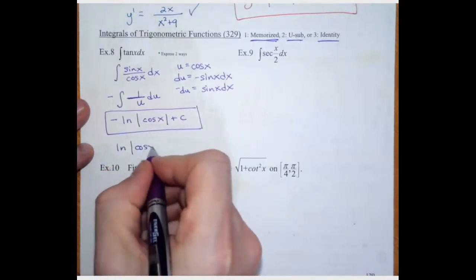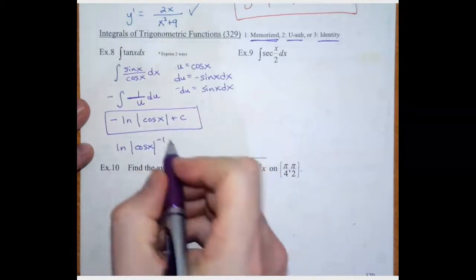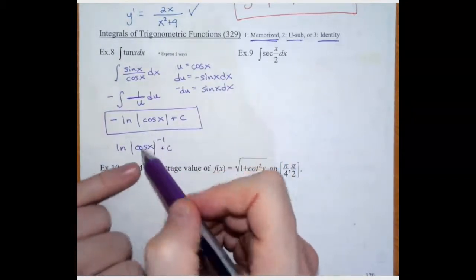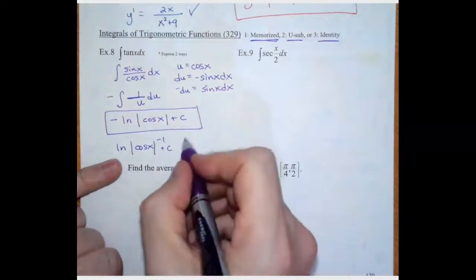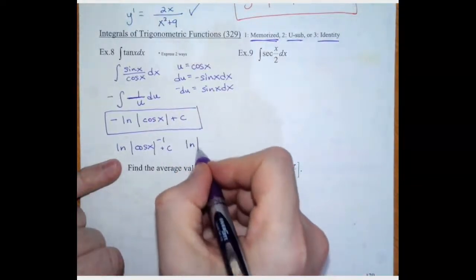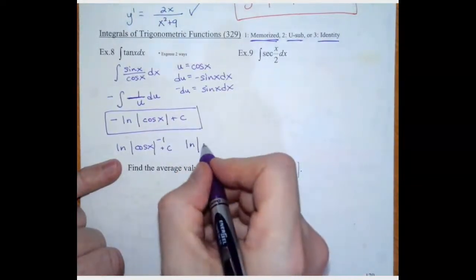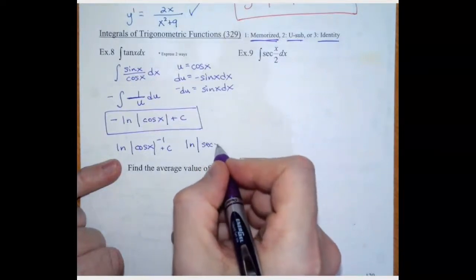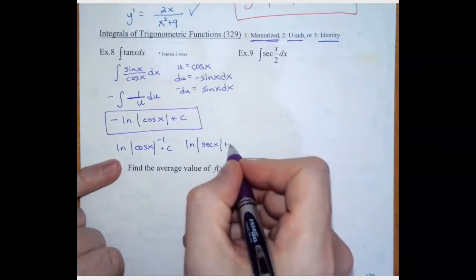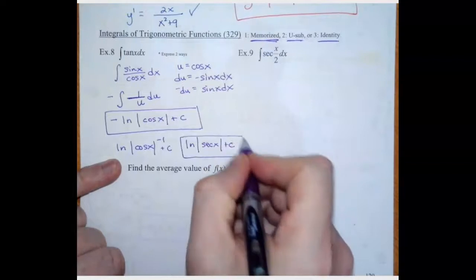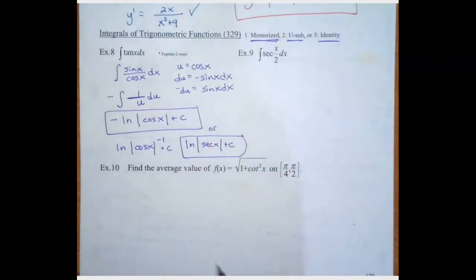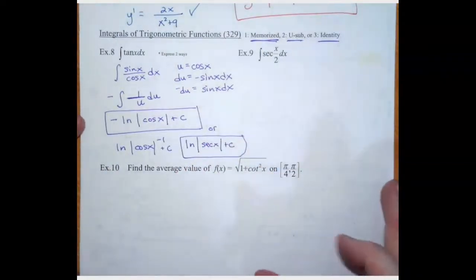So we would have cosine x to the -1, and that would be the reciprocal, 1 over cosine. Hopefully some of you know that 1 over cosine is secant. So that would be another way that we could express that.